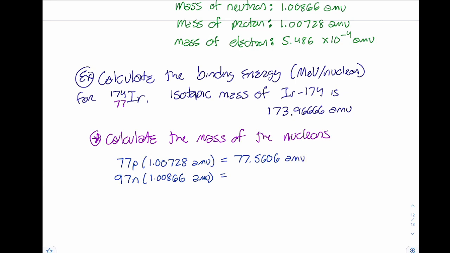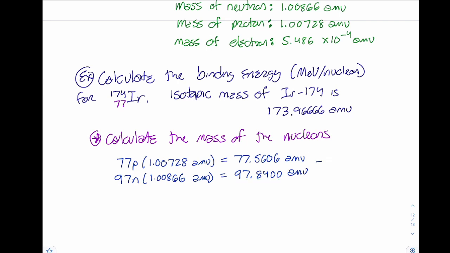And now for my neutrons, 97 times 1.00866, and I get 97.8400. Again, significant digits: 1, 2, 3, 4, 5, 6.